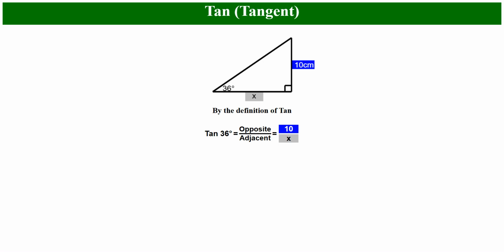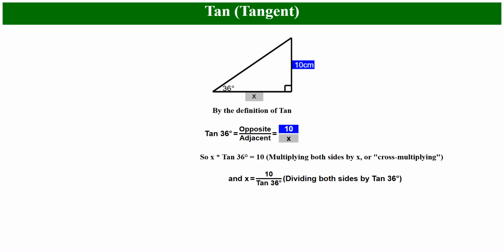So how should we find x? Well, we need to multiply both sides by x, or cross multiply. Doing that, we get x multiplied by tan of 36 degrees is equal to 10. Now to get x on its own, we divide both sides by tan of 36 degrees.